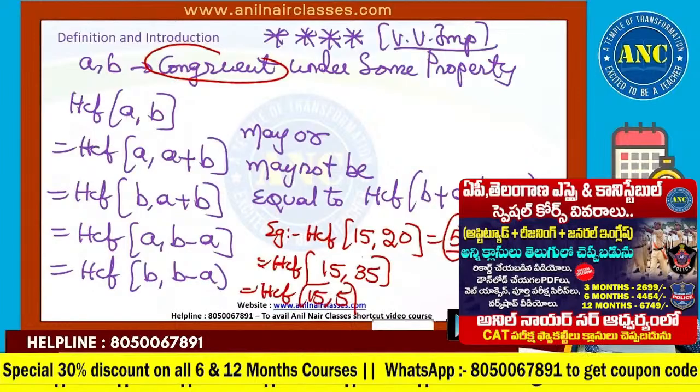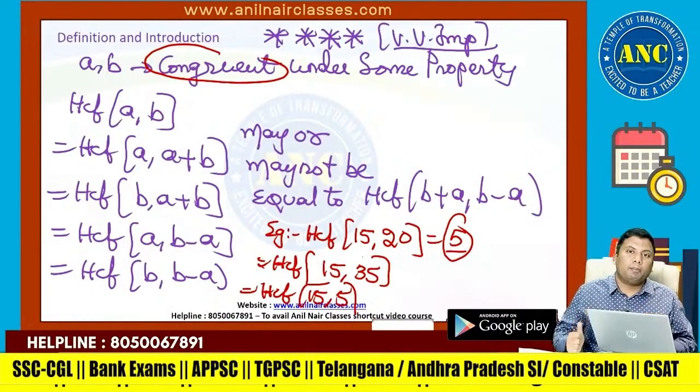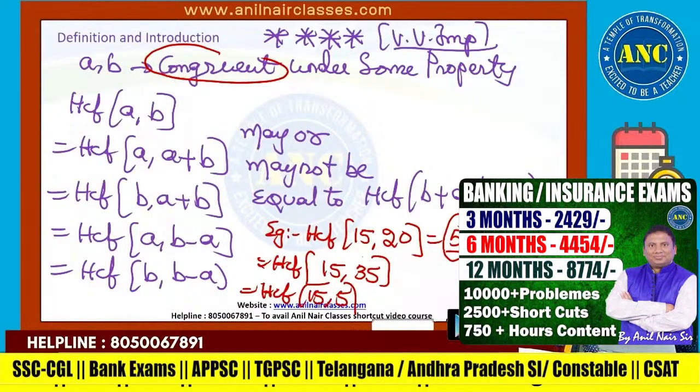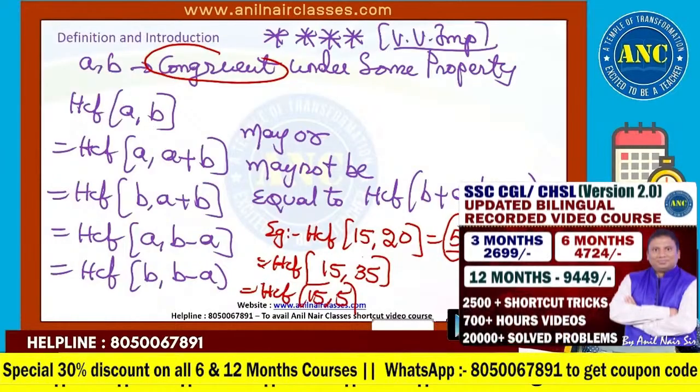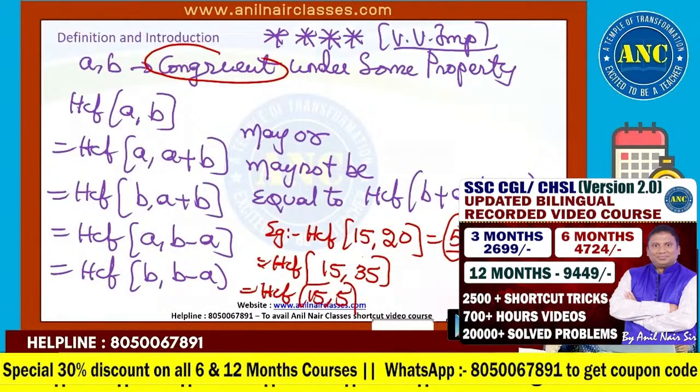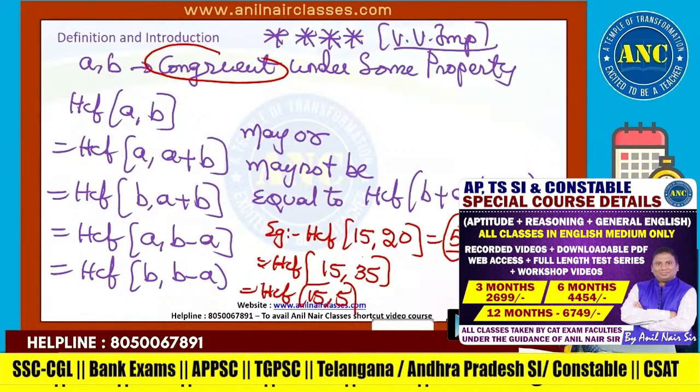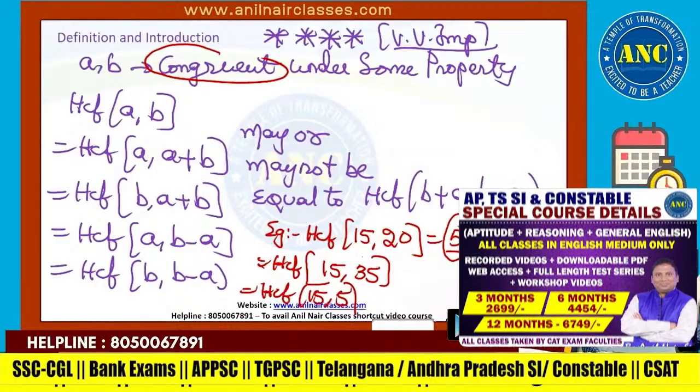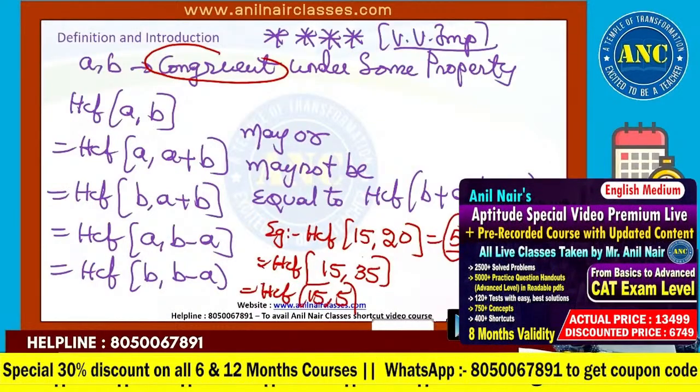So A and B are congruent under the co-prime set. In the second example which I wrote, 15 and 20 are congruent under a set which is multiples of 5. So congruency means they both will behave similarly under some property. I hope it is clear.